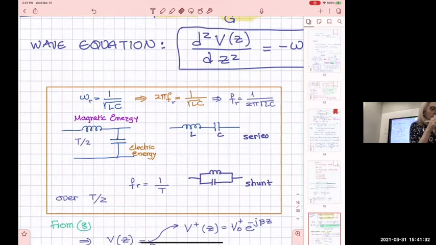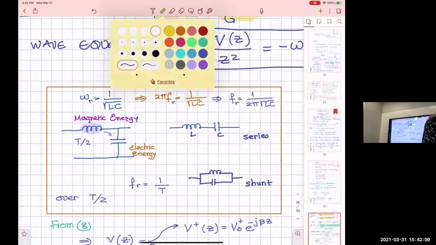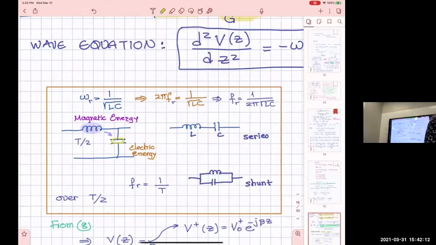It means that for half of the period, where the frequency is 1 over T and T is the period of the signal, if I'm showing here magnetic energy with this, and I start with all of my energy in the form of magnetic, with current flowing through, then this magnetic energy is going to change into electric, and for that period of time it's going to move here.